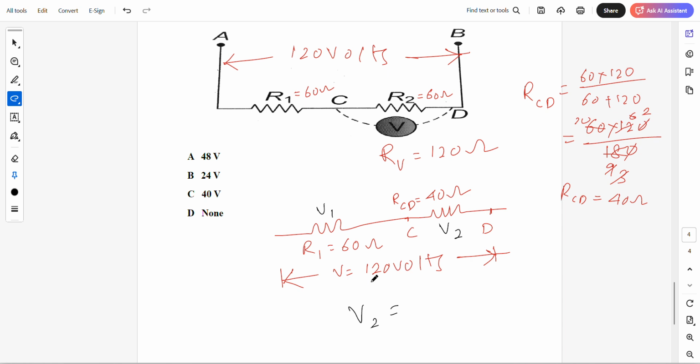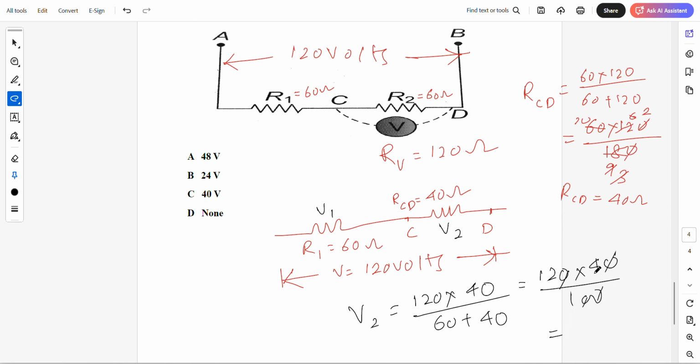V2 is equal to the total voltage 120, into the resistance of that branch 40, divided by the sum of the resistances 60 plus 40. That is 120 into 40 divided by 100. The zeros get cancelled, 12 fours are 48 volts is the right answer.